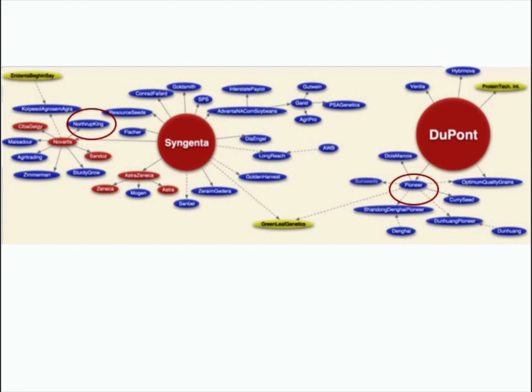Again, I circled 2 of these, Northrop King, from an earlier slide, and Pioneer as well. Pioneer used to be, as a standalone company, the largest seed corn company in the nation. It had the largest number of acres sold to, and now it's a part of DuPont.